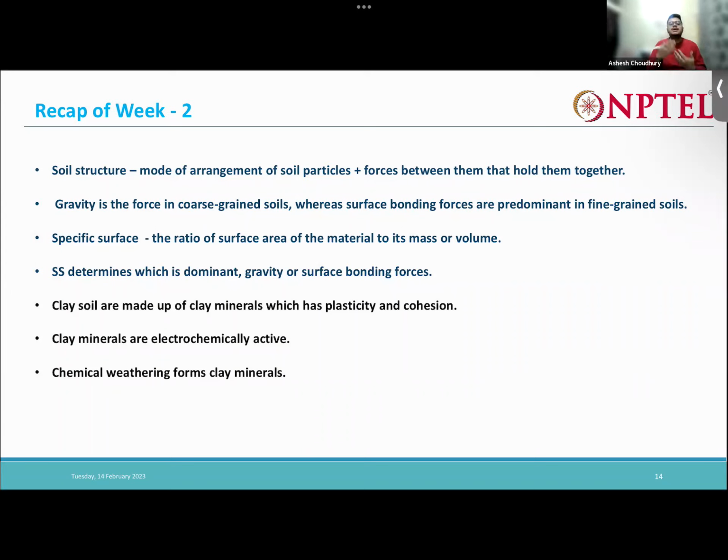So when soil is formed from rock, the minerals forming the rock undergo certain chemical changes. Due to those chemical changes, the properties of those minerals change and the clay minerals are formed. So we will see what are the main types of clay minerals.